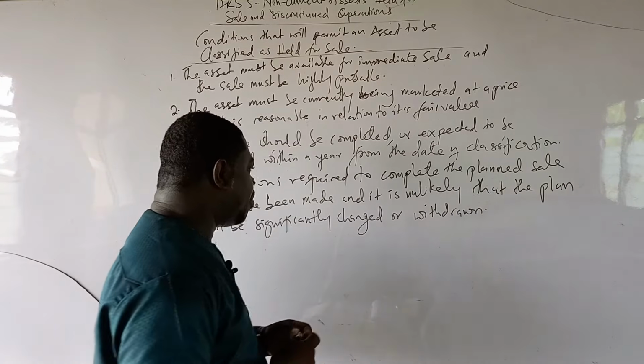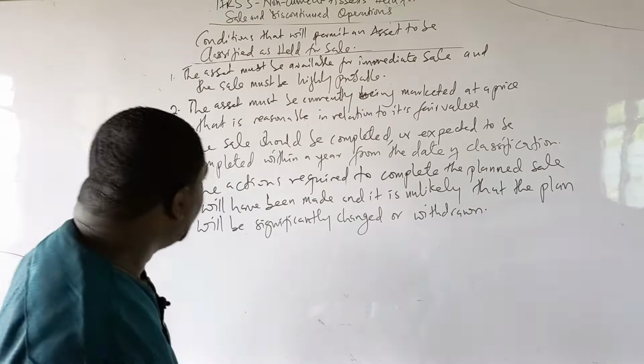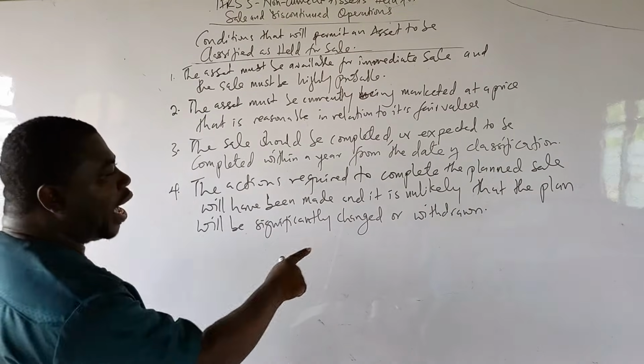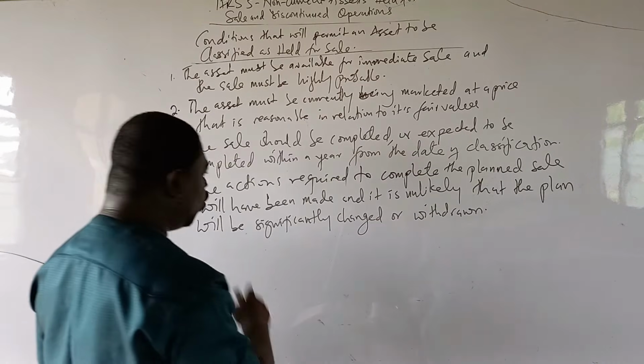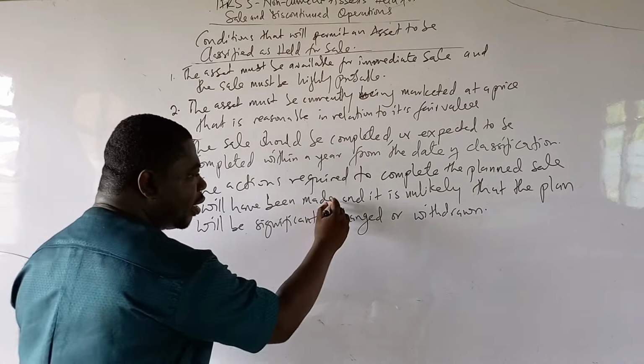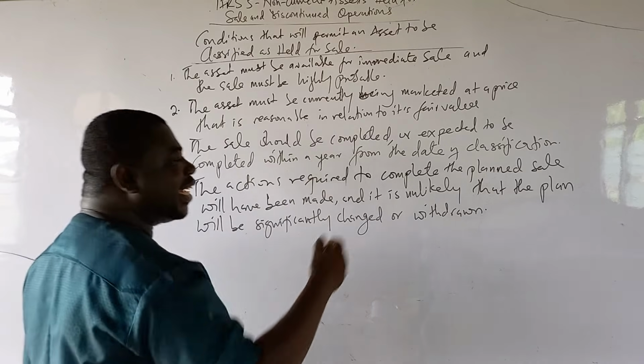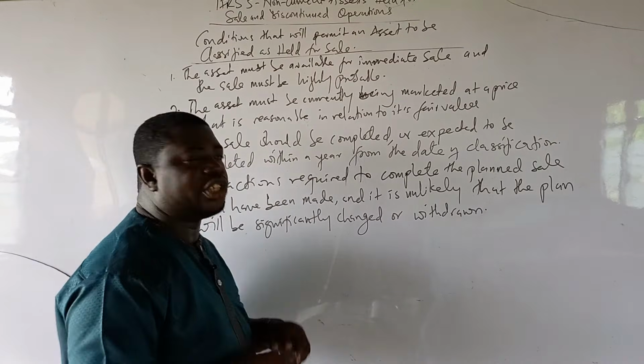So that is the final point. The actions required to complete the planned sale would have been made, comma, and it is unlikely that the plan will be significantly changed or withdrawn.